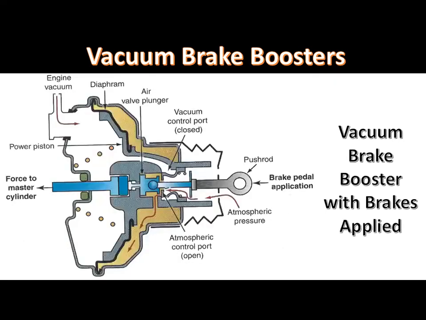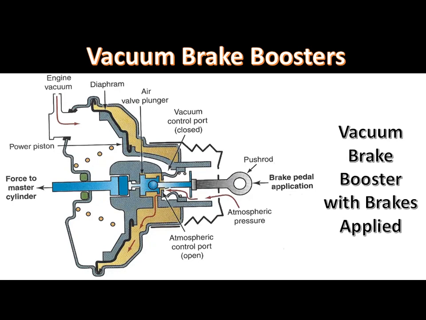When the brakes are applied, the brake pedal movement closes the vacuum passage to the rear of the booster diaphragm and opens an atmospheric pressure port to allow air pressure on the rear side of the diaphragm.